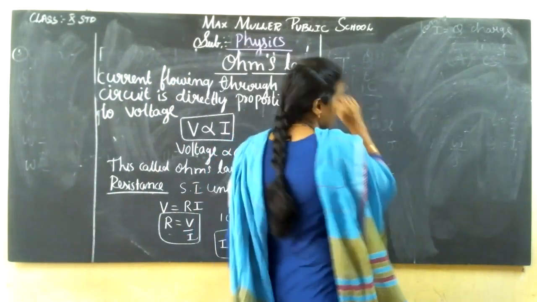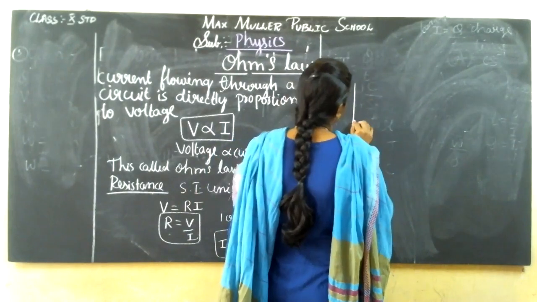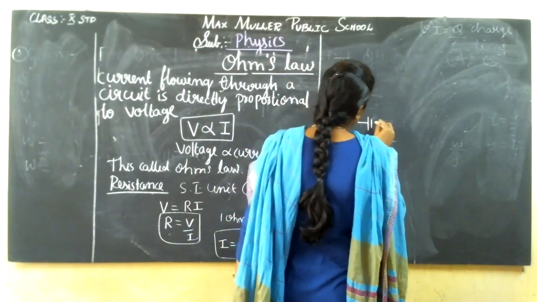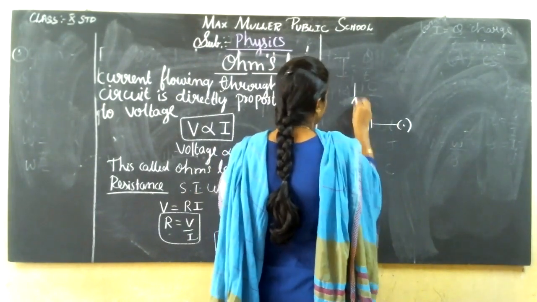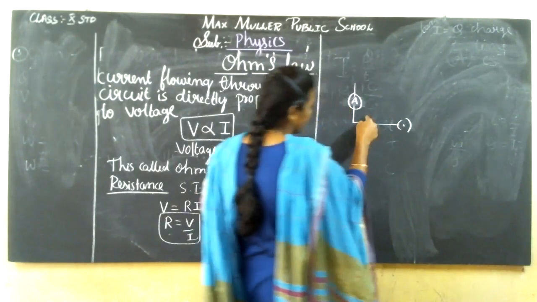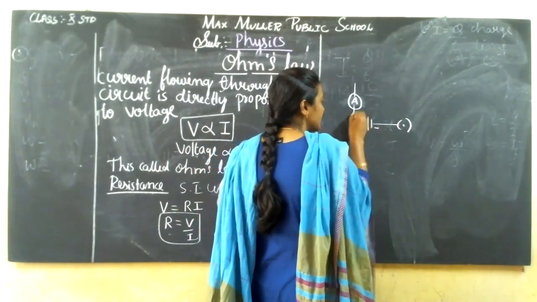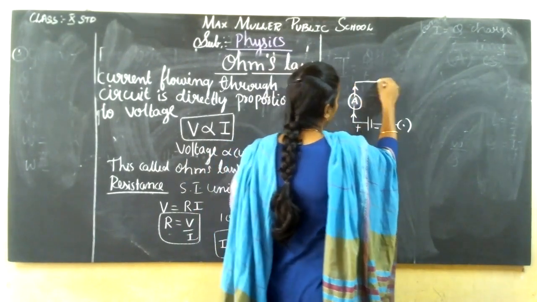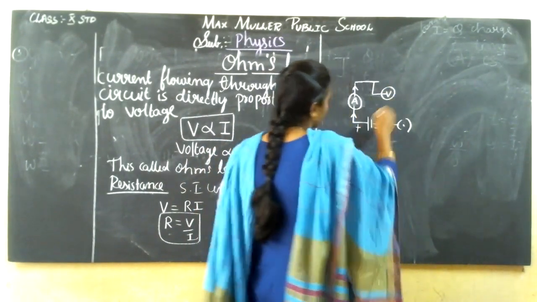So here, I'm going to draw this circuit diagram. I will put one battery here. Here I am going to keep an ammeter. As I told you, wherever the bigger line is compared to the other line, that is the positive sign, and this is the direction of the current flowing. Here it will be the voltage.